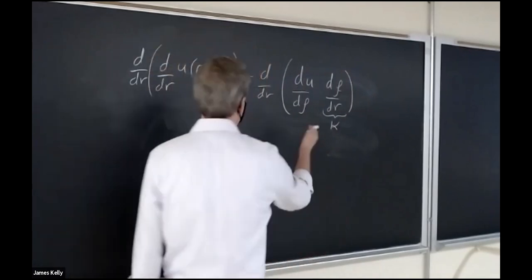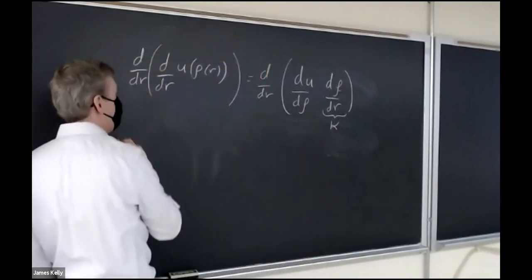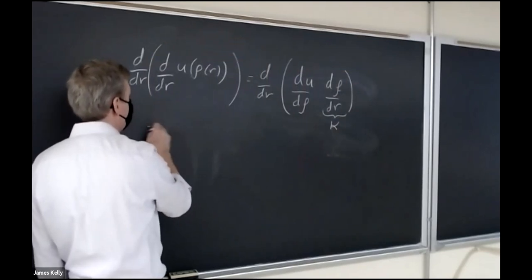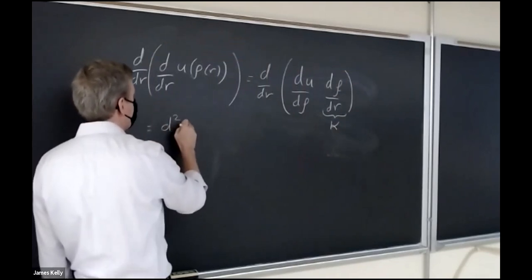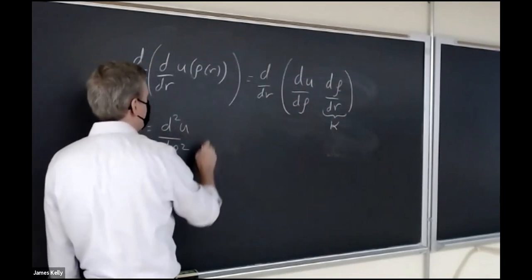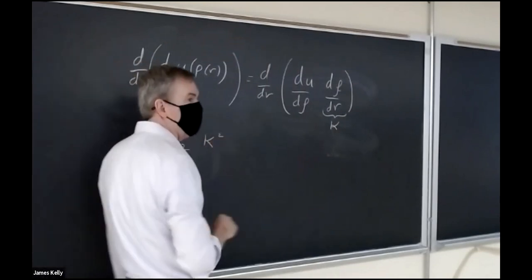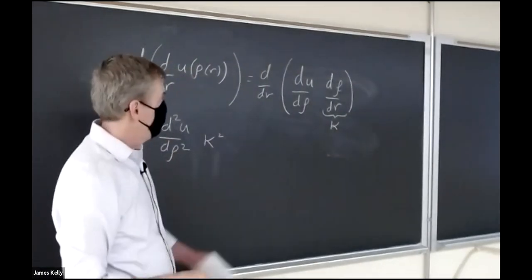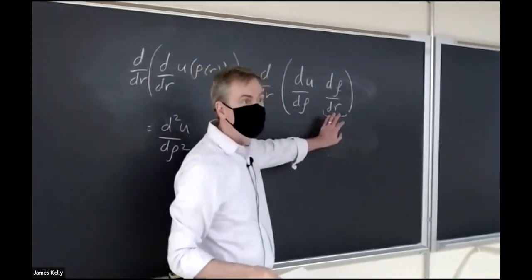When I do that the second time, I find the second derivative is equal to the second derivative of u with respect to rho times kappa squared. Each time I get one of those kappas from the chain rule.